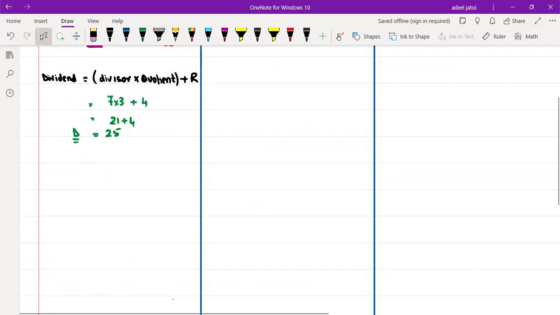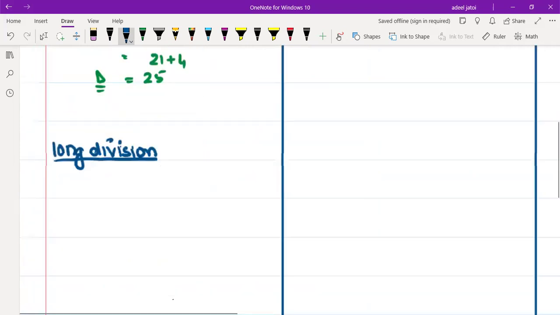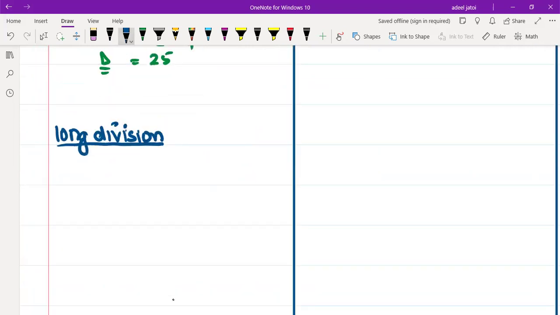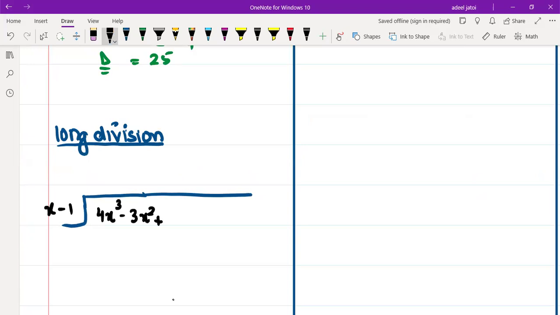But we will have long algebraic methods as well. Long division. Let's say that we have x minus 1 as your divisor, and 4x cube minus 3x squared plus 8x minus 12.